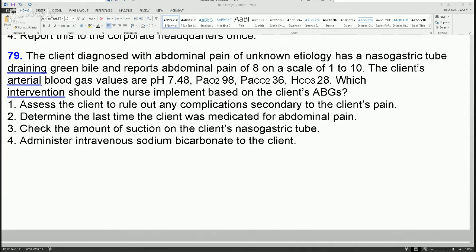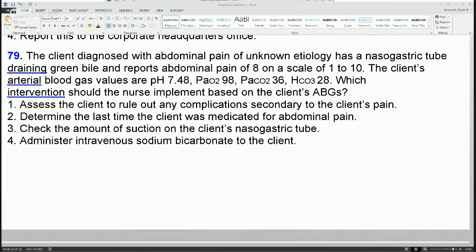This is a really good one to remember. Is it 3? It is 3, because we're the ones that usually cause this one. Metabolic alkalosis. We're suctioning out the hydrochloric acid.